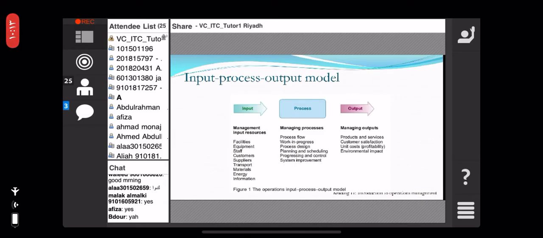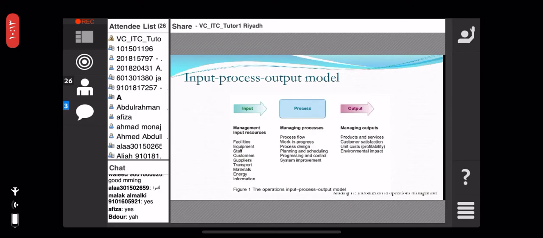So input includes management input resources, for example facilities, equipment, customers, suppliers, transport, and information. Whereas process includes process flow, work in progress, planning and scheduling, progressing and control, system improvement.